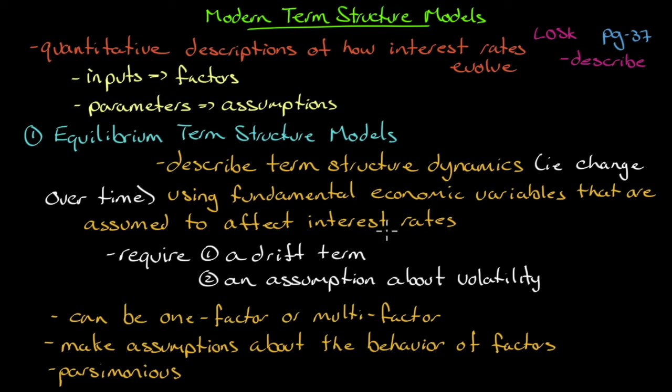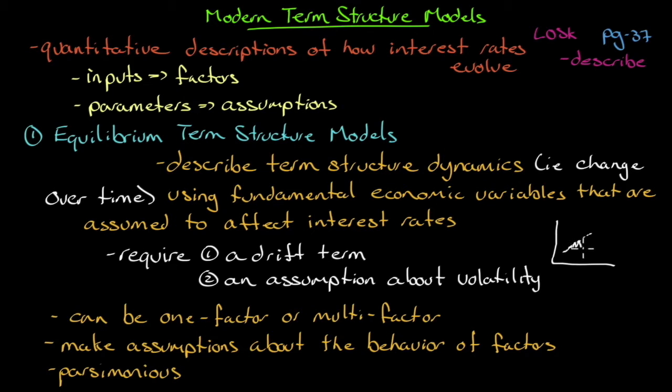Our models will require us to model two components of change. One is a drift term. And a drift term is if we expect a rate to go from a low rate to a high rate, we have to get it there somehow. So we need some way to drift it there. And an assumption about volatility, because it's not going to go in a straight line.